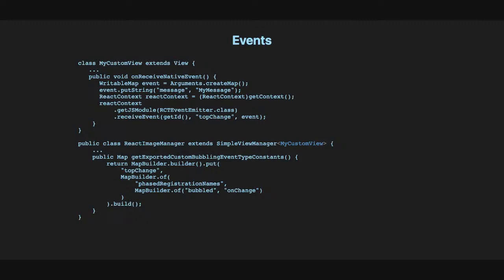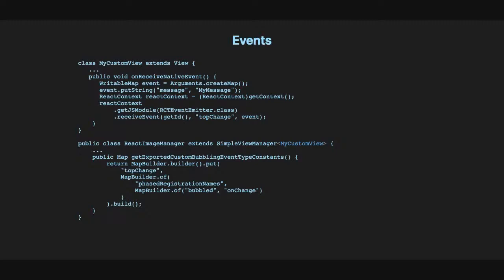Now let's say we want to communicate from the view to React Native. We need to write the map object and pass the data, and we have to understand the model where we can call receive event.